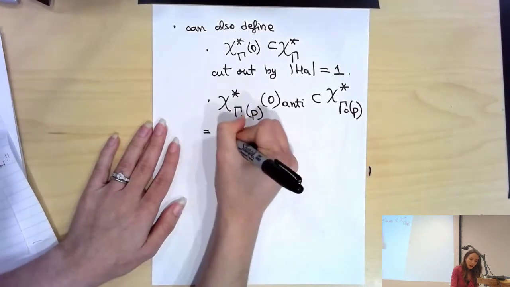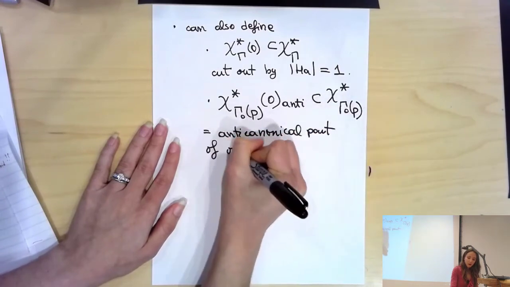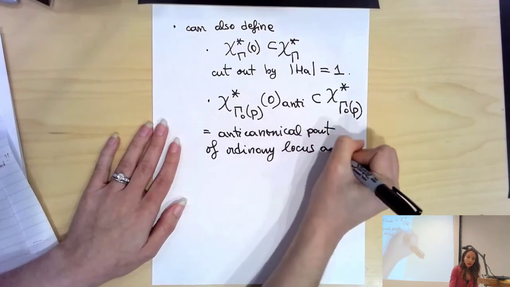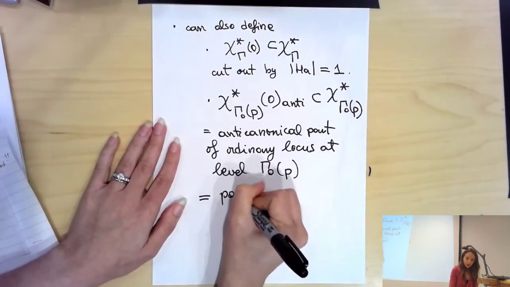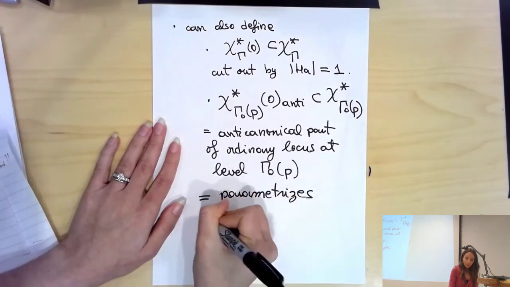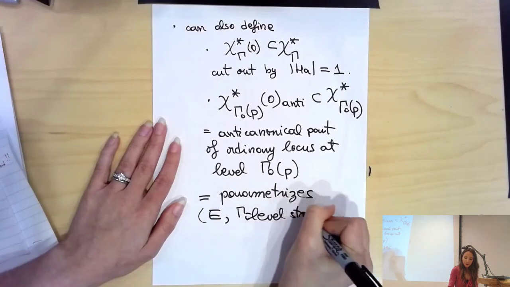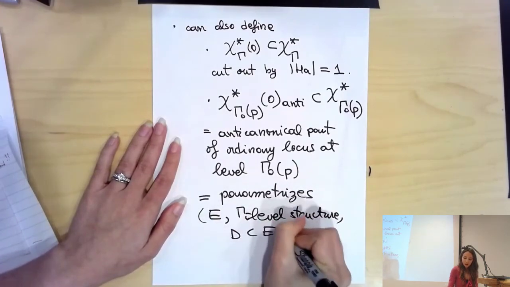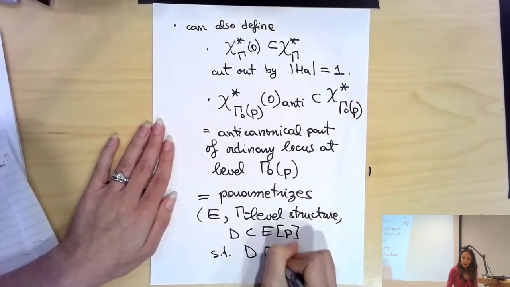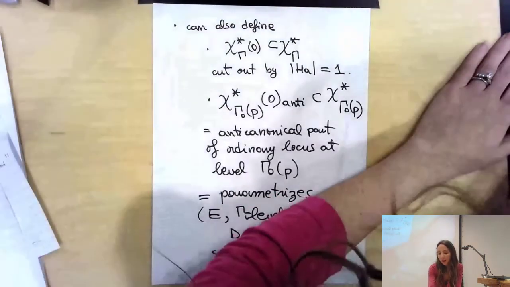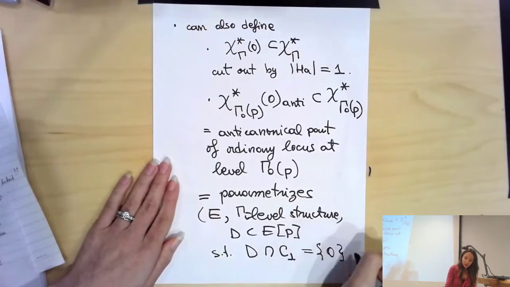It's going to be the anti-canonical part of the ordinary locus at level gamma naught p, and it's going to parameterize elliptic curves together with some gamma level structure, together with D, a subgroup of the p torsion in the elliptic curve such that D intersect C1, the canonical subgroup at level 1, this canonical lift of the kernel of the Frobenius isogeny, is 0.